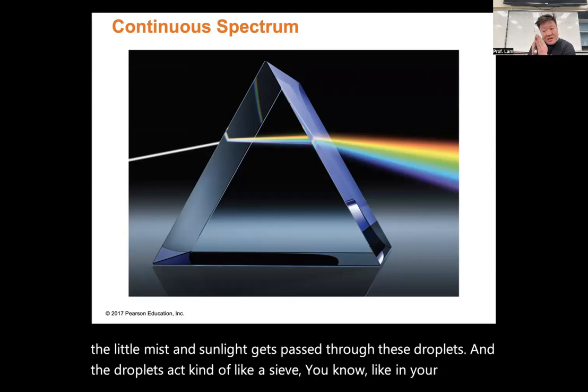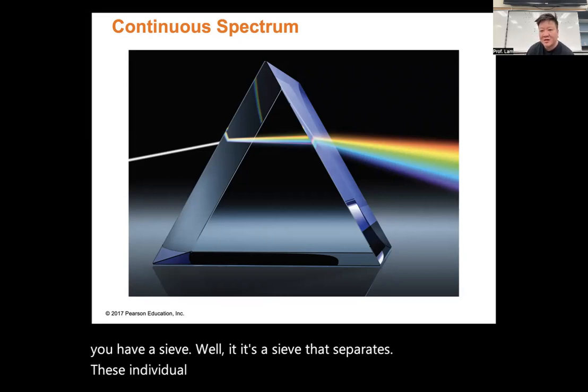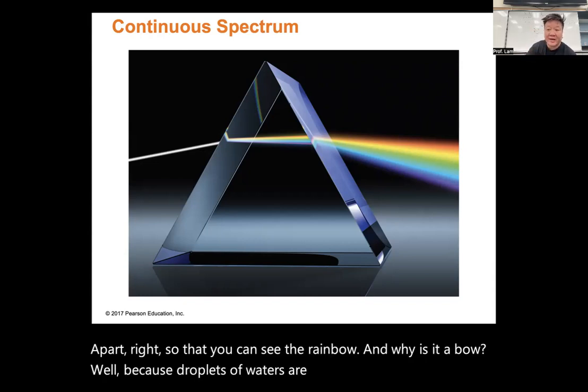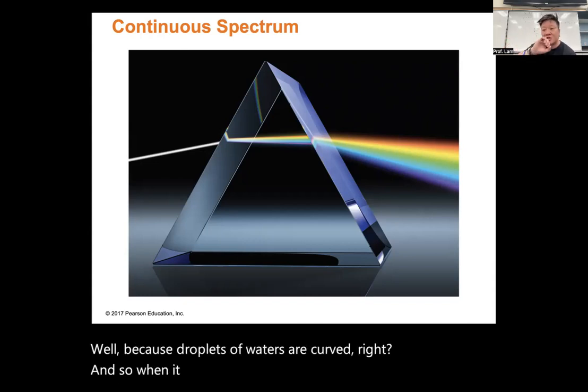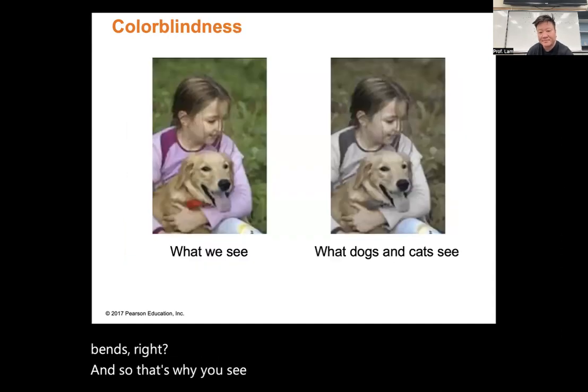Well, it's a sieve that separates these individual colors apart, right? So that you can see the rainbow. And why is it a bow? Well, because droplets of water are curved, right? And so when it gets passed through this curved droplet, it bends, right? And so that's why you see it in that formation. Pretty cool, right?